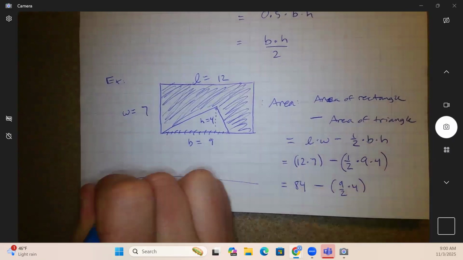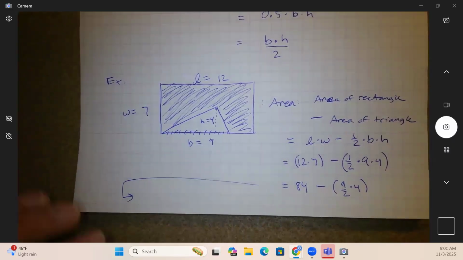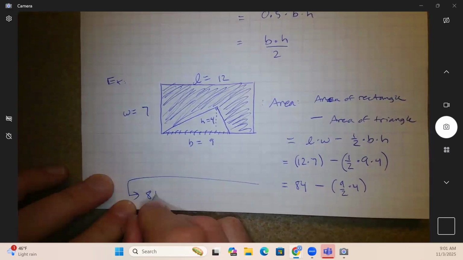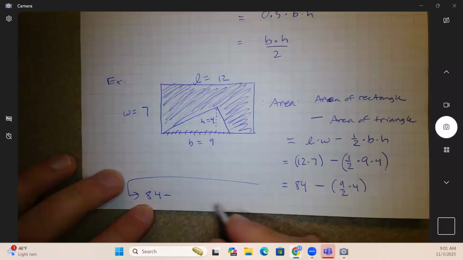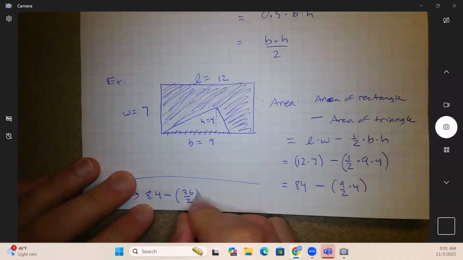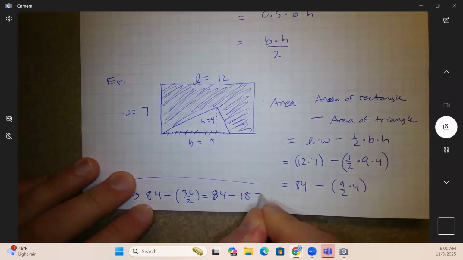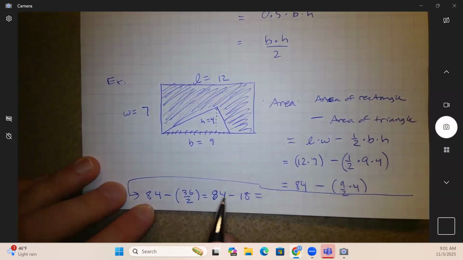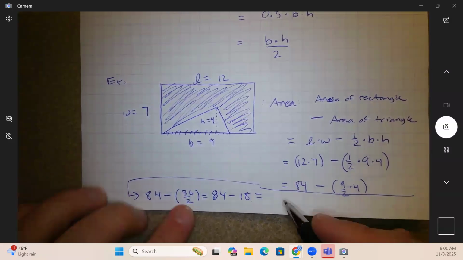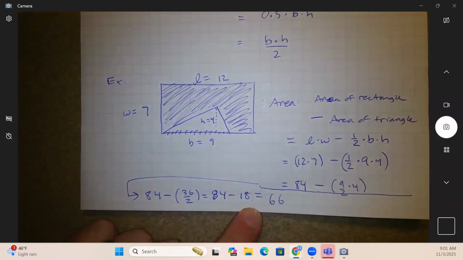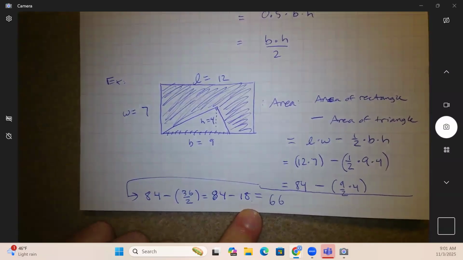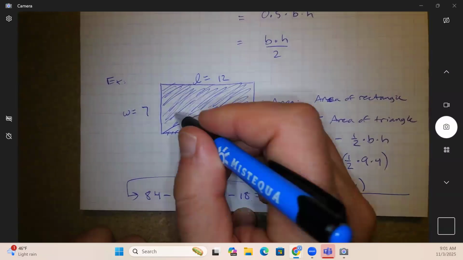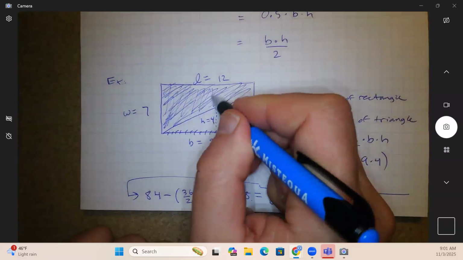I'm going to have to come over here to finish it. 84. 9/2 times 4 is 36/2, which simplifies to 18. And 84 minus 18 is 66. So the area of this shaded polygon is 66.